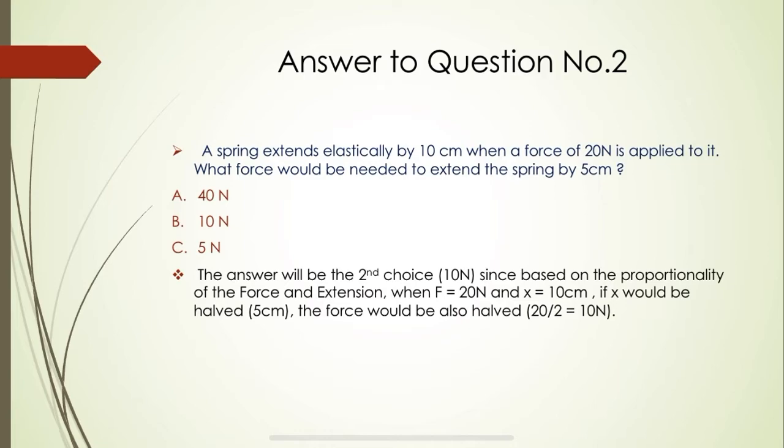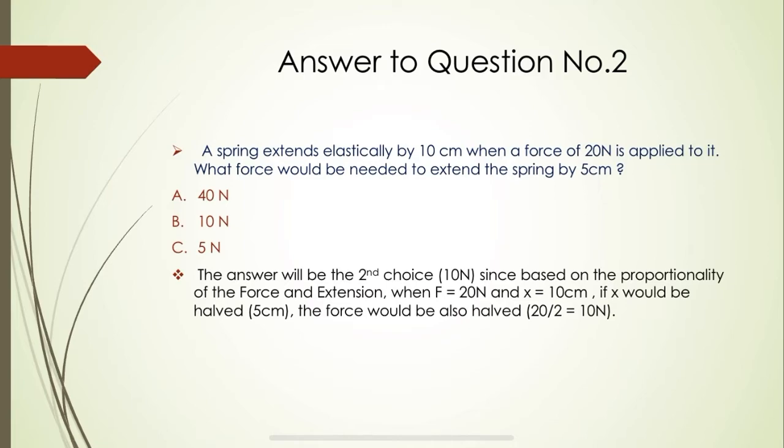And why? Since based on the proportionality of the force and extension, when F is equivalent to 20 Newton and extension, or x in simple words, is equivalent to 10 centimeter, if x would be halved, as it is written, into 5 centimeter, 10 to 5, so indeed it is halved, 10 divided by 2.